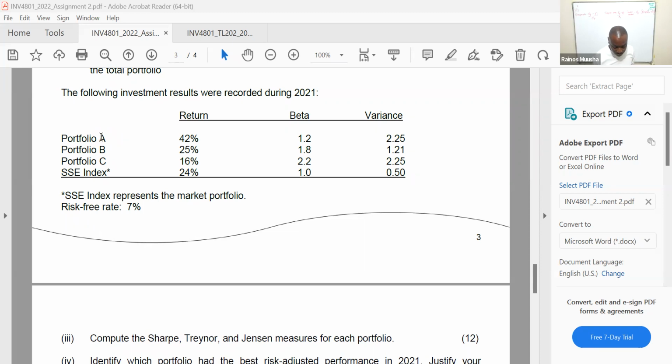So for portfolio A, the return of portfolio A is 42%. The risk-free rate is 7%, right? And for the Sharpe ratio, we're given the variance. And for the Treynor ratio, we're given the beta in that case.